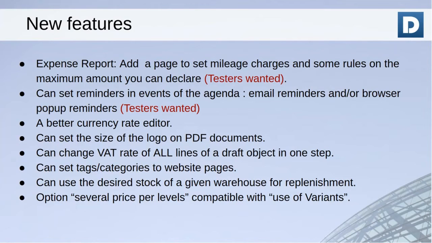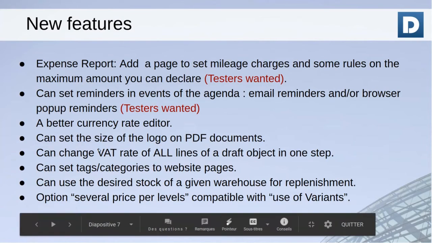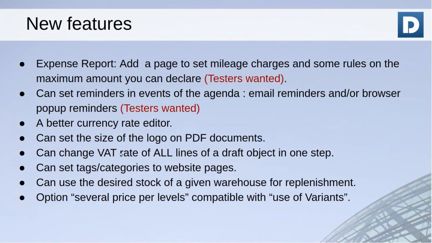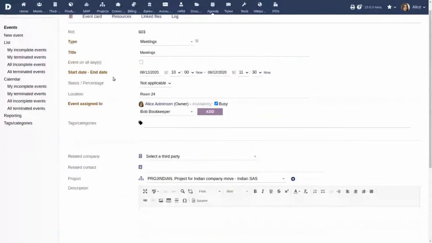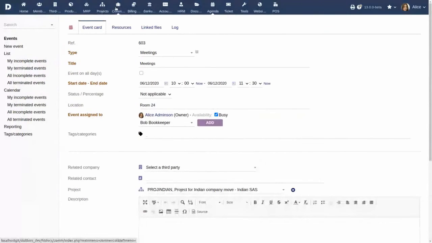You can change the VAT rate, I don't know if in Germany you say weight, so the value added tax rate. You can change it on all the lines in one step. So let's have a look. Imagine I take a proposal, for example.